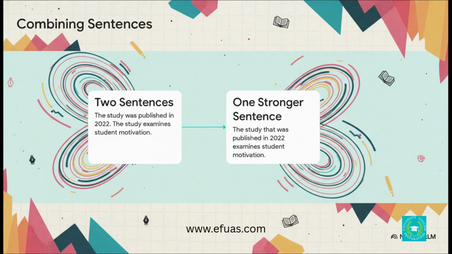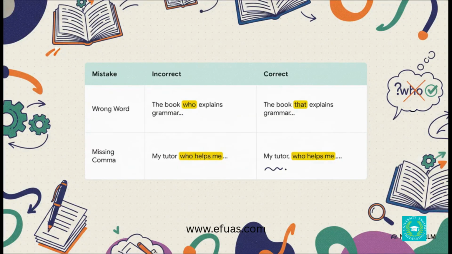It's just more efficient. All right, these are the 2 errors you're going to see most often. First, using the wrong word like saying who for a thing. You got to remember, a book is a that or a which. And second, forgetting the commas for that extra non-essential information. If we already know who my tutor is, then the clause describing them needs those commas.